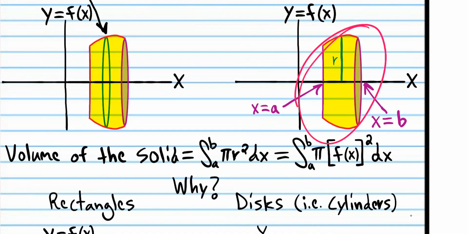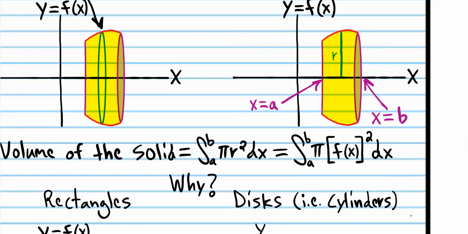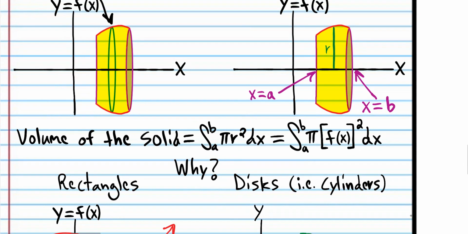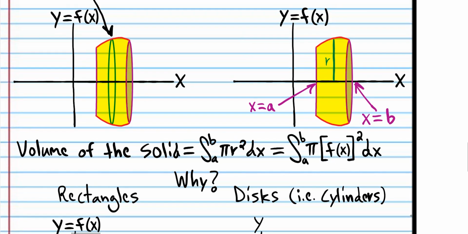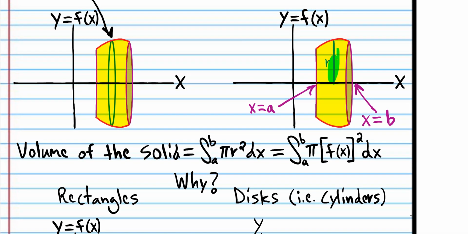So the volume of this solid is given by the definite integral of the area of each cross section, which is pi r squared, and we can replace r with f of x. f of x is just this green length up here.